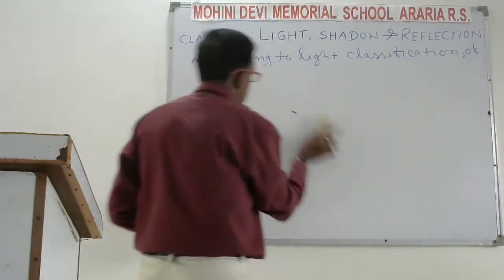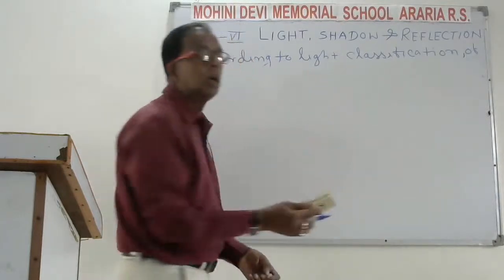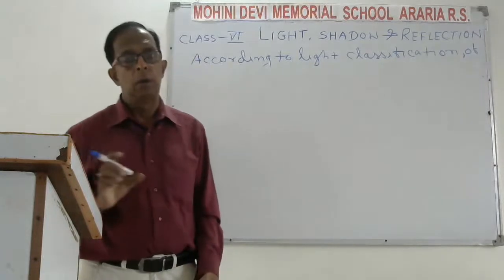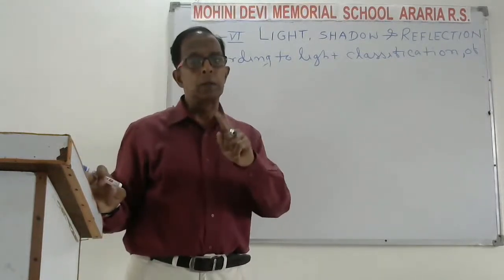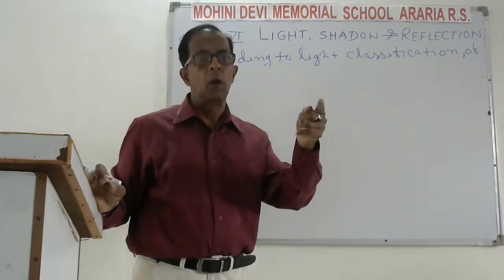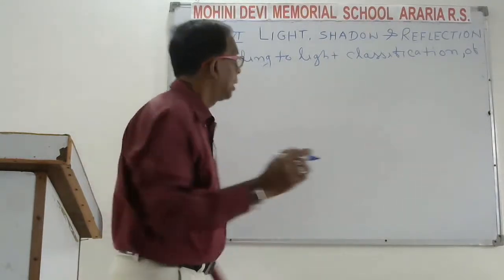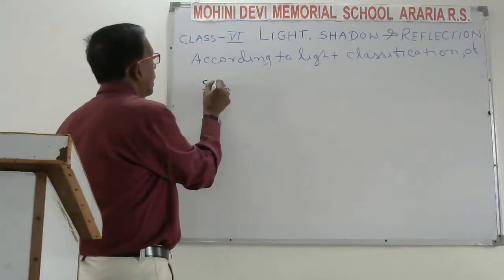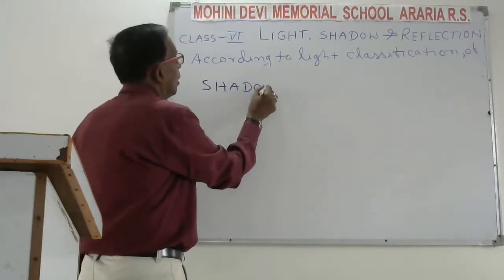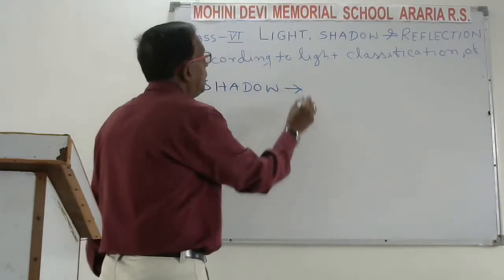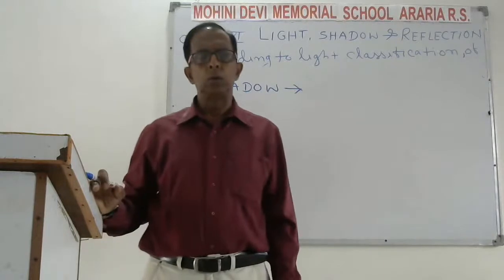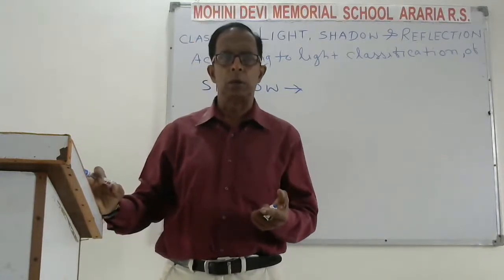So at first, what is shadow and what are the conditions for the formation of shadow? Then I will prove that formation of shadow proves that light propagates on a straight path. At first, we learn what is shadow. In each and every day, my children, you saw so many shadows.